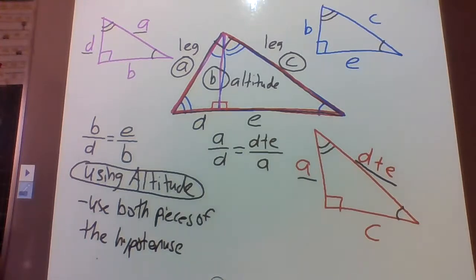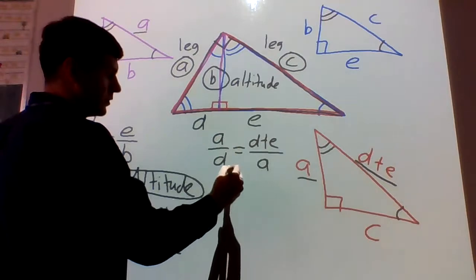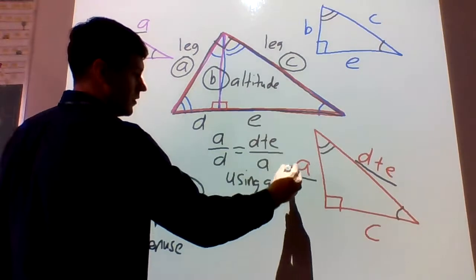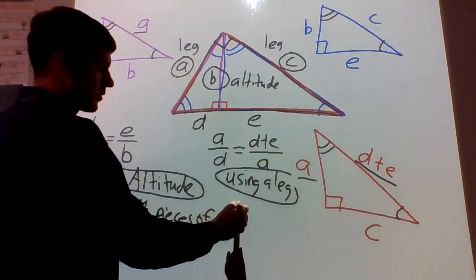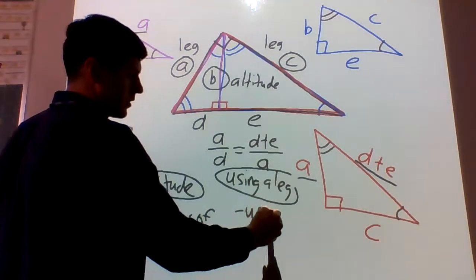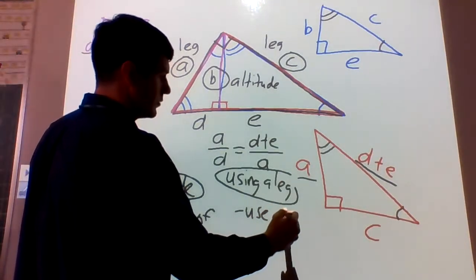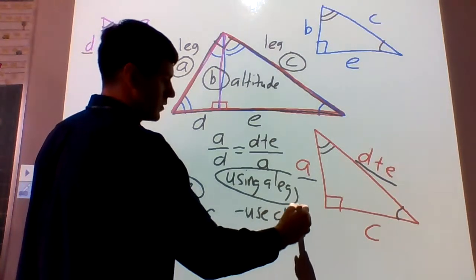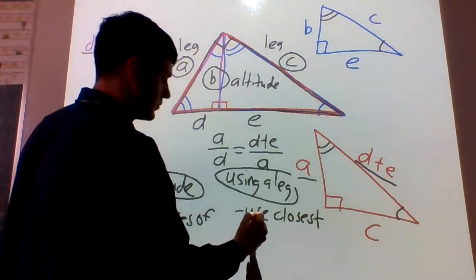So our rule here, we're using D and D plus E. So A is a leg, so if we're using a leg, okay, our rules are going to be, first we're going to use the closest or adjacent piece of the hypotenuse.